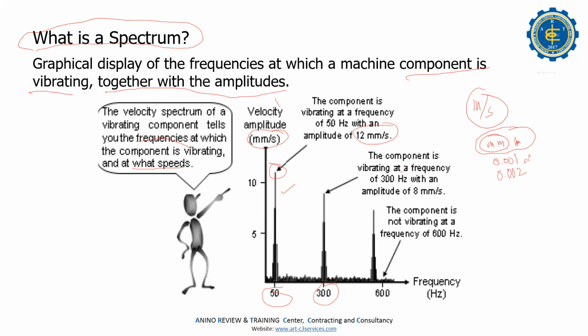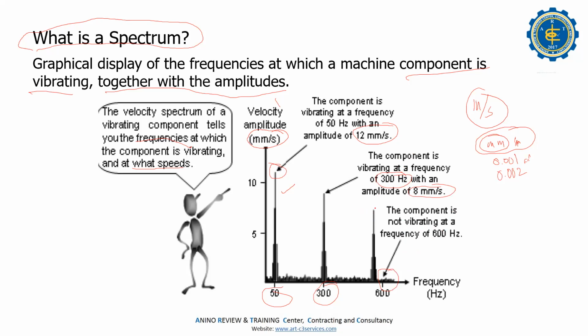So this is only an example of the amplitude of the vibration. We also have the 600. The component is not vibrating at 600, so that is wrong. Maybe this one is 500, below 600.